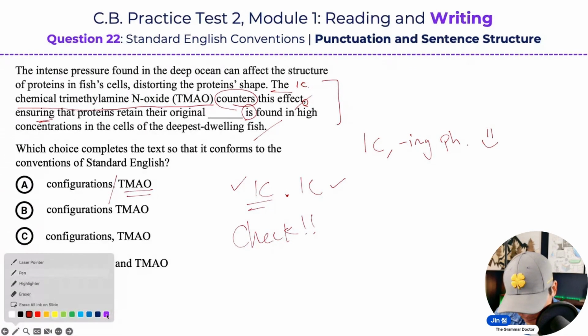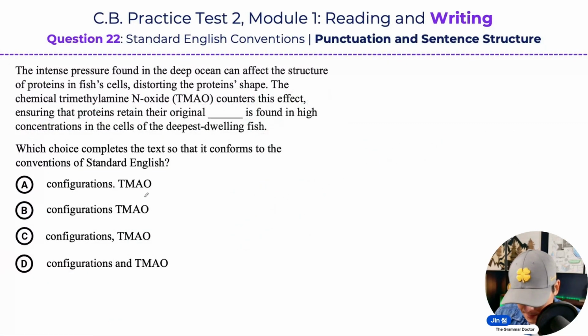But so if we take a look at why the other ones are wrong now, it becomes obvious, right? Because answer choice B here doesn't use any punctuation to separate the two independent clauses, right? So that creates what? It creates a run-on sentence. Answer choice C only uses a comma to separate the two independent clauses, which also creates a run-on sentence, right?